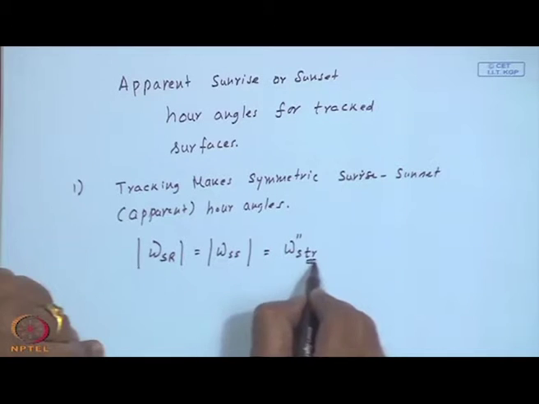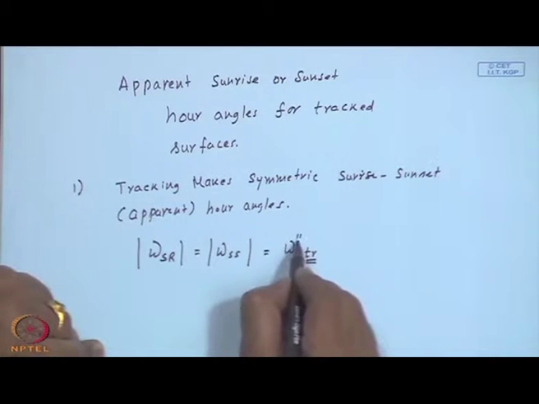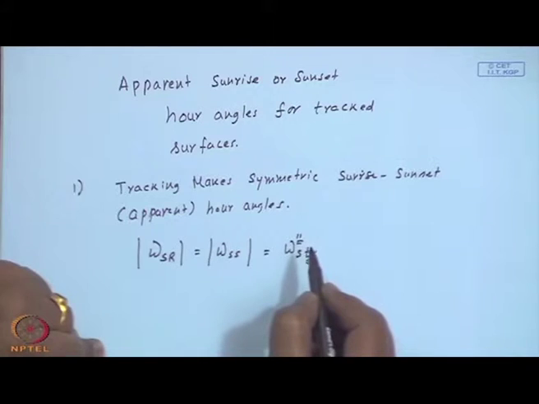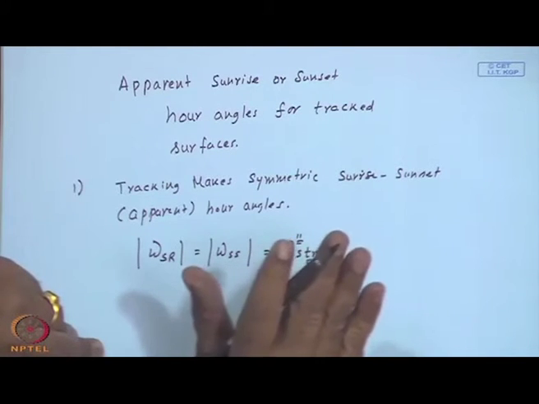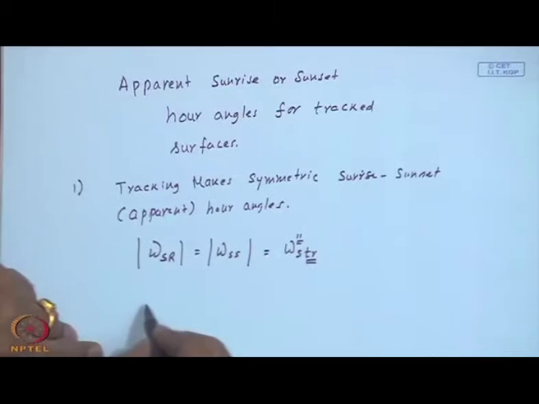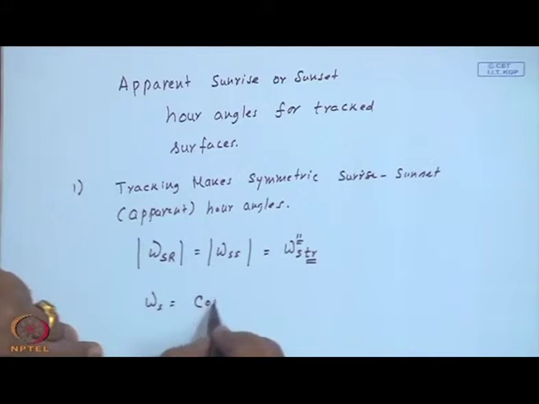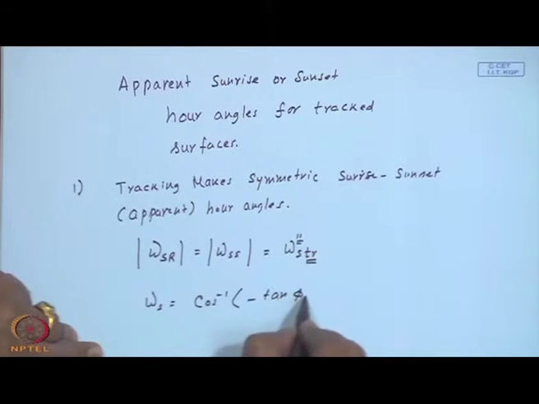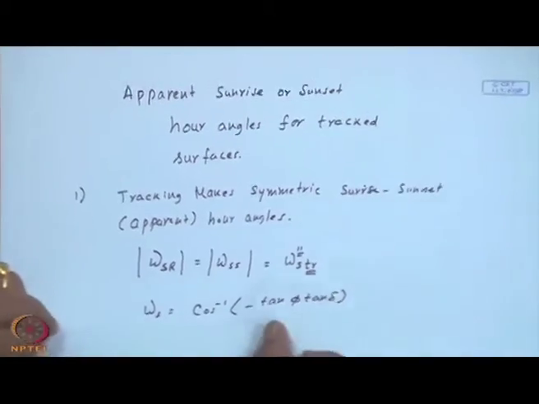So, this Tr indicates that it is tracking, and we have used omega S double dashed as the hour angle as seen by the tracking surfaces, without or before limiting it to the physical sunrise or sunset hour angle. Physical sunrise sunset is given by omega S equal to cos inverse of minus tan phi tan delta. You can recall one of our very early equations.